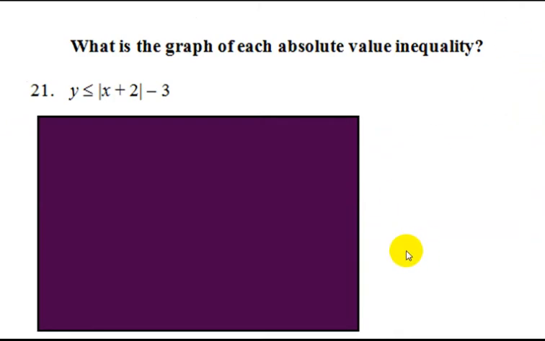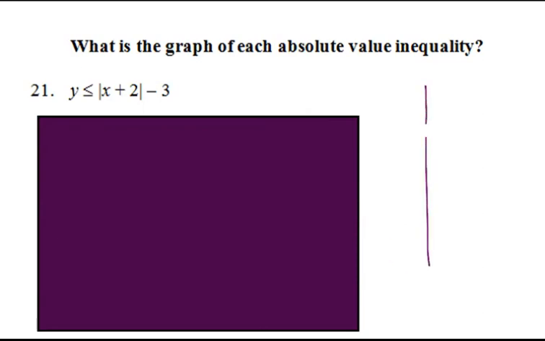Number 21 says, what is the graph of each absolute value inequality? So for the next three problems, and our last three, we have the first equation, 21, says y is less than or equal to the absolute value of x plus 2 minus 3.